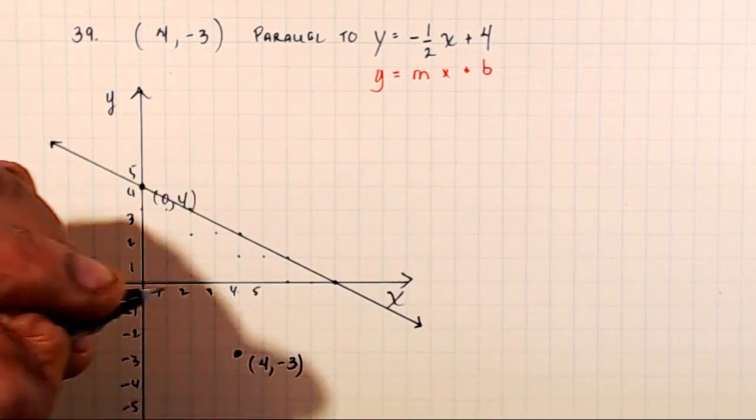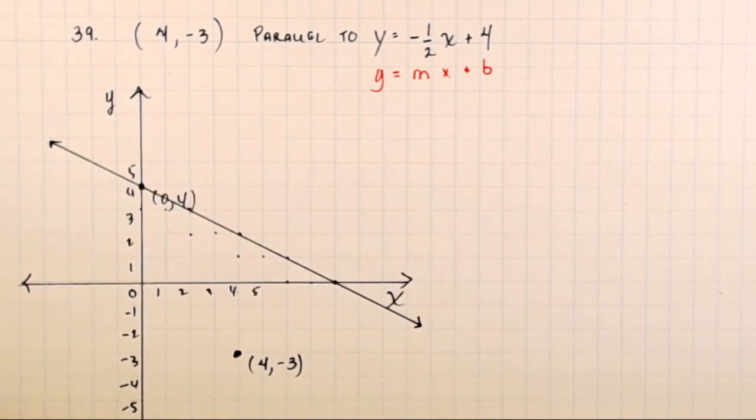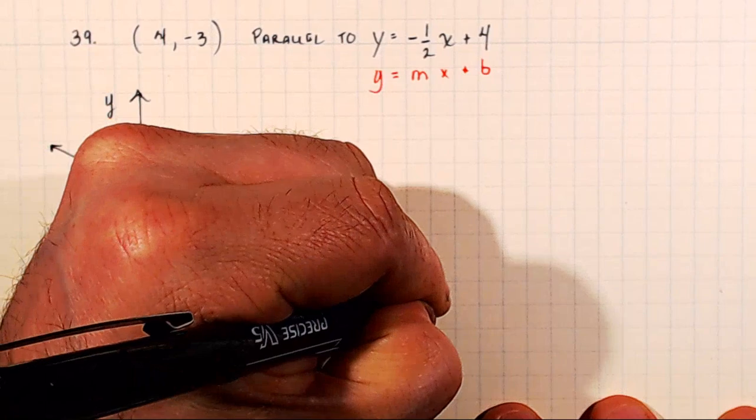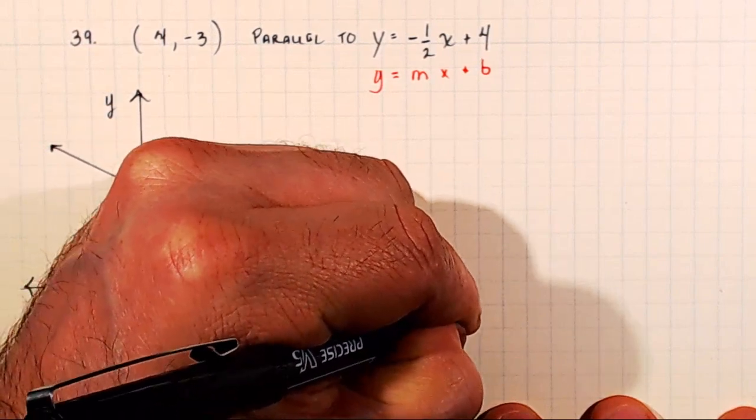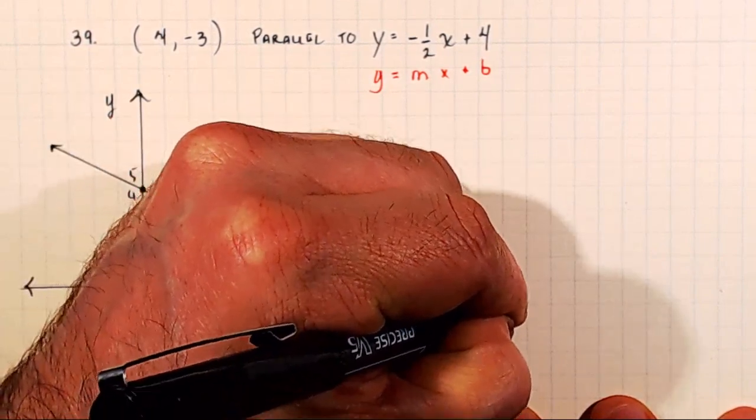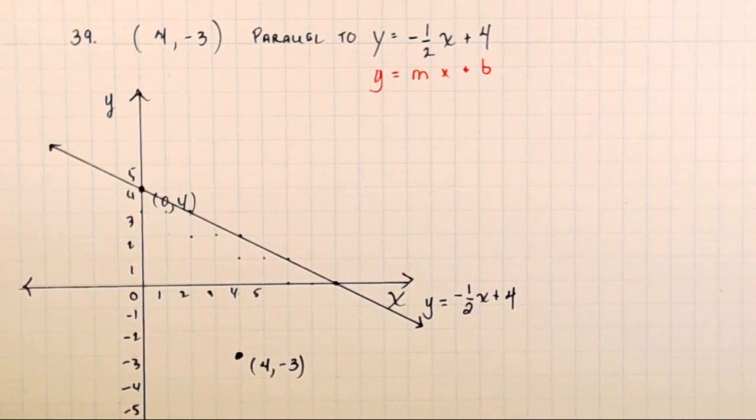So we know that's the equation of our line, y equals negative 1/2 x plus 4. That's the equation of the line graphed.